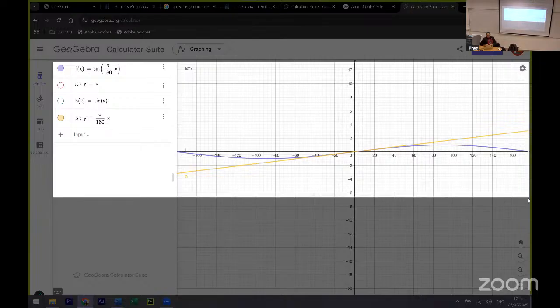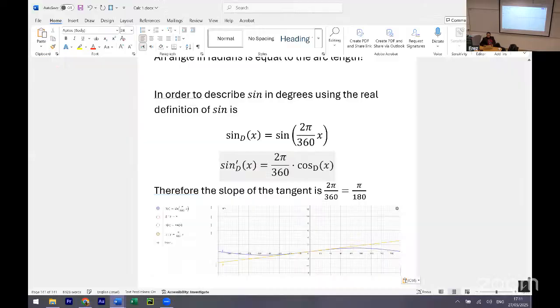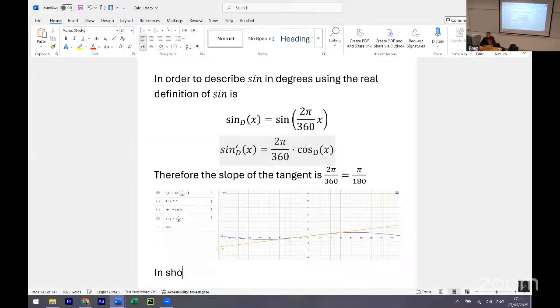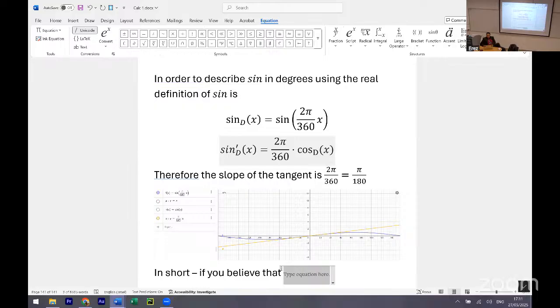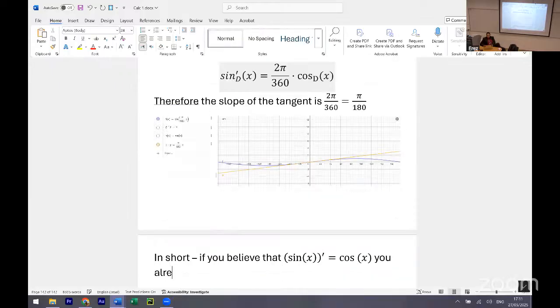So in short, if you believe that the derivative of sine of x is cosine of x, you already are using radians.